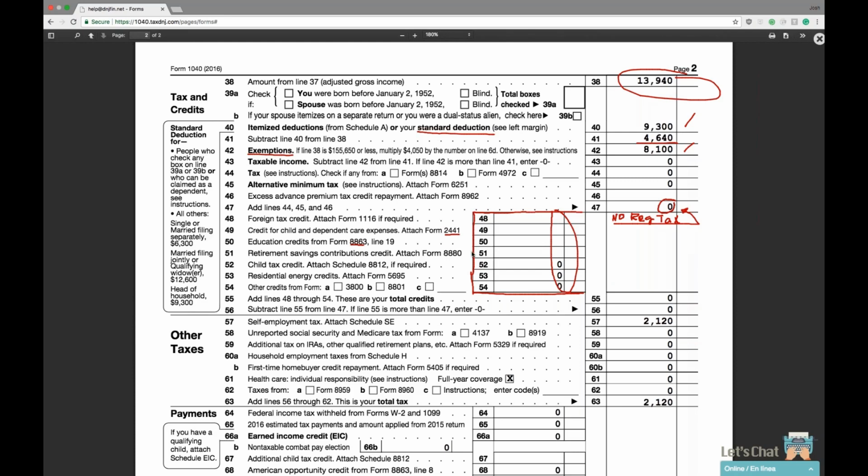Remember that non-refundables are meant to take away the tax that you have here, to reduce the tax that you have in line 47. But since you have zero, you're not going to see any non-refundables. So this amount right here is going to be zero. Whenever 47 is zero, 55 is going to be zero as well, because you have nothing to go against.